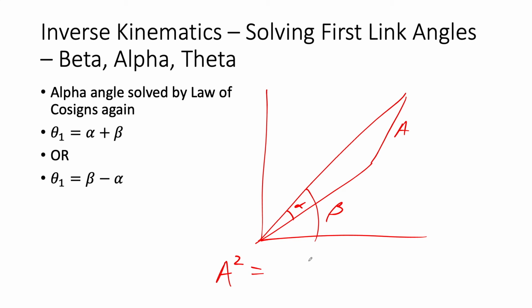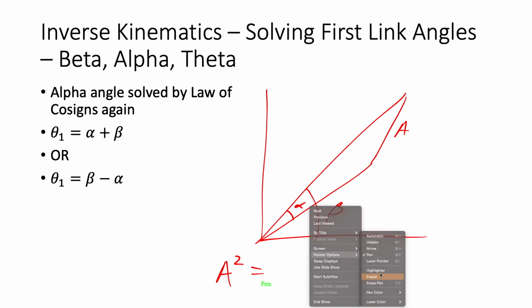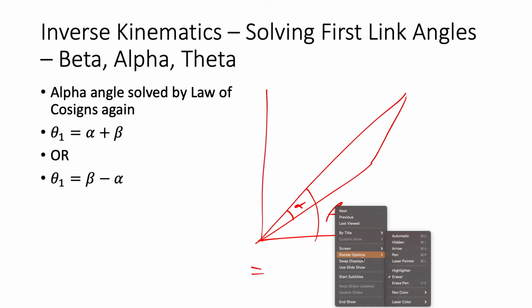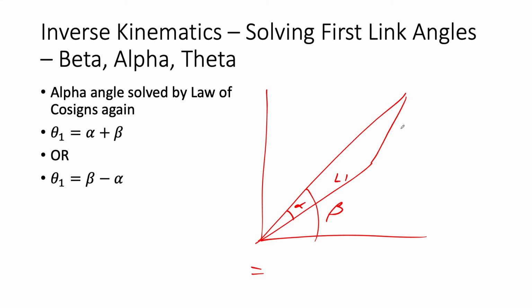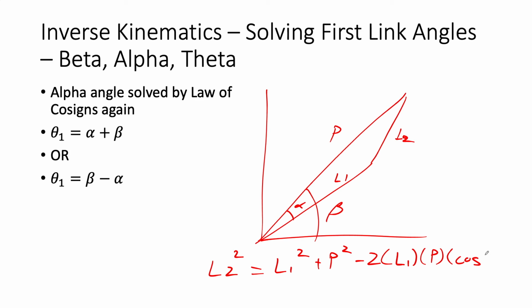Let's change this so that we have L1 and L2 and P. So our L2 squared is going to be equal to our L1 squared plus our P squared minus 2 L1 P cosine of alpha.